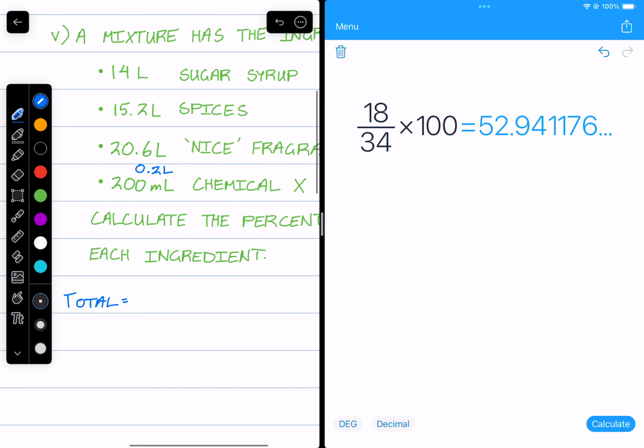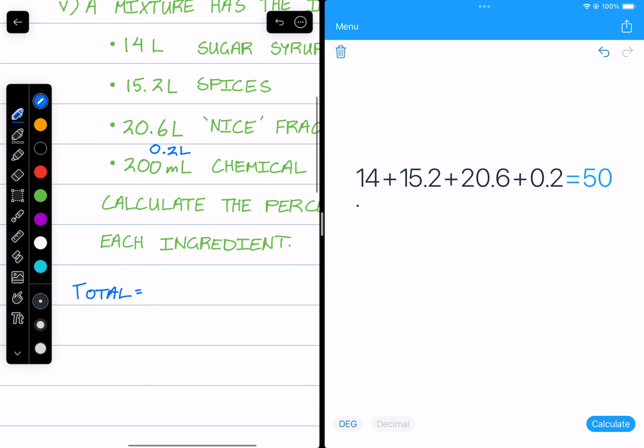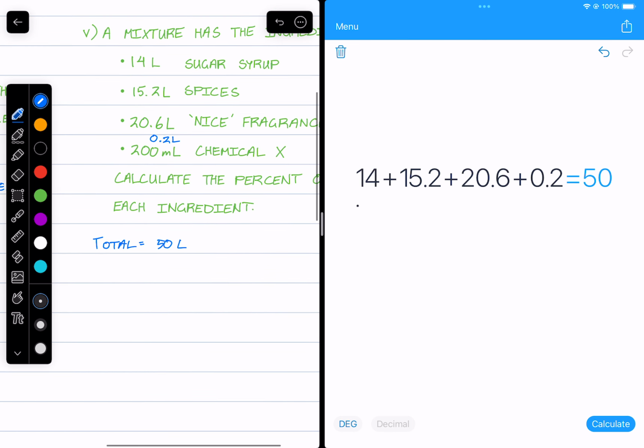So it's going to be 14 plus 15.2 plus 20.6 plus 0.2. That gives us a total of 50 liters. And so now we can easily calculate the percentage of each of these.